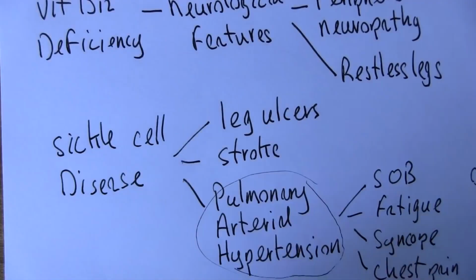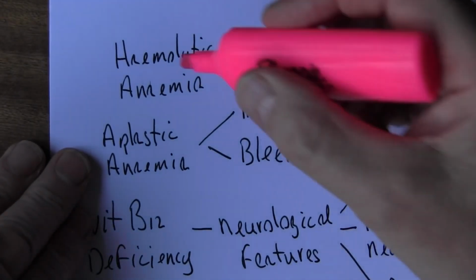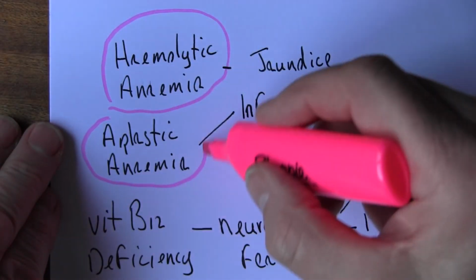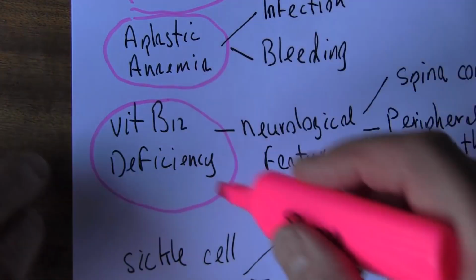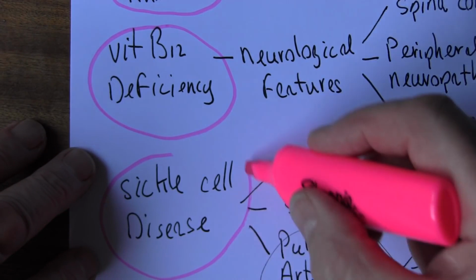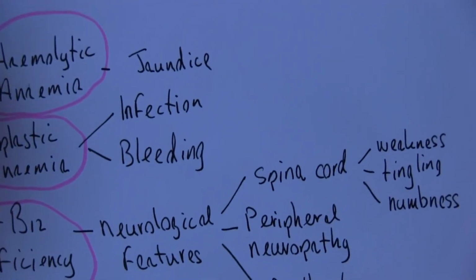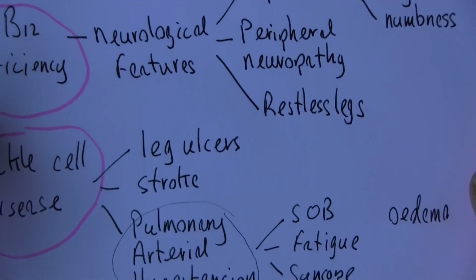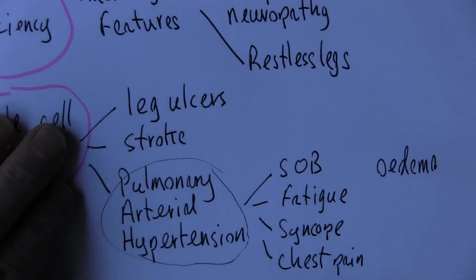But the point is, all these things, the hemolytic anemia, the aplastic anemia, the vitamin B12 deficiency, the sickle cell disease, all have their own ranges of clinical features. In addition to the features of anemia.